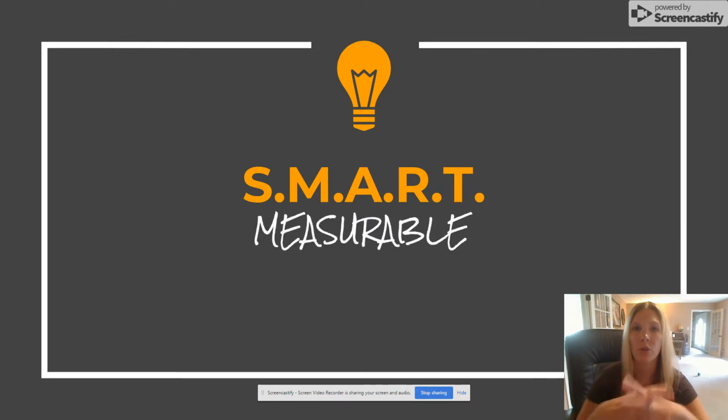M is for measurable. As I mentioned, not all of your TEKS use measurable actionable verbs. Verbs like understand, appreciate, enjoy, learn, knows, those aren't measurable. What I'm looking for, and I'm going to make sure you get pretty specific on what verb you use, is as a teacher, you need to be able to directly see what's happening.